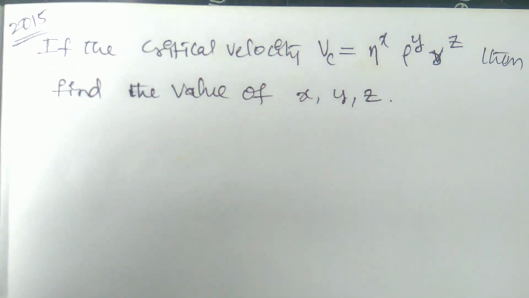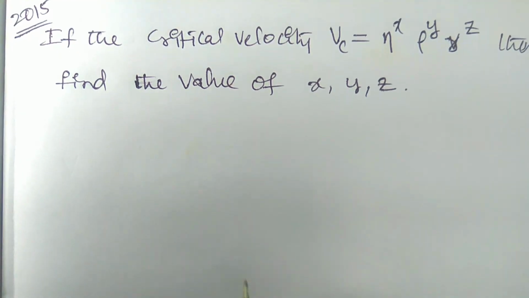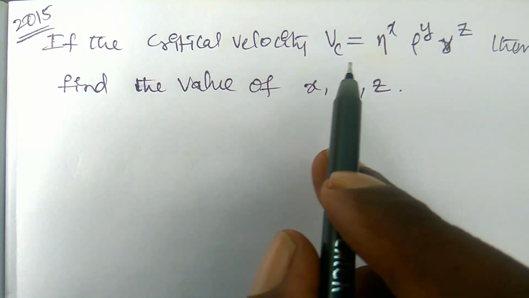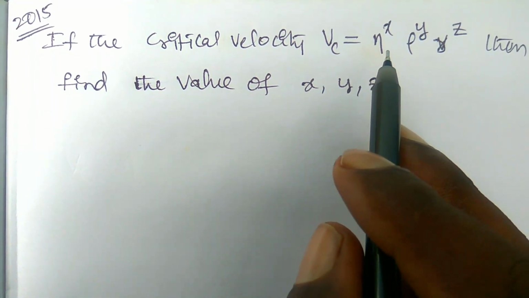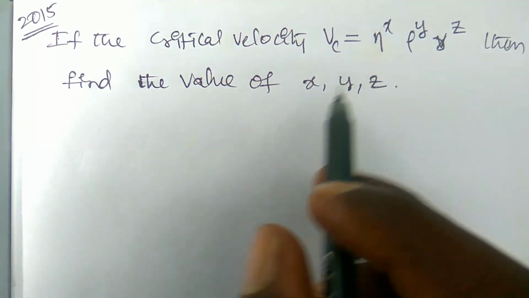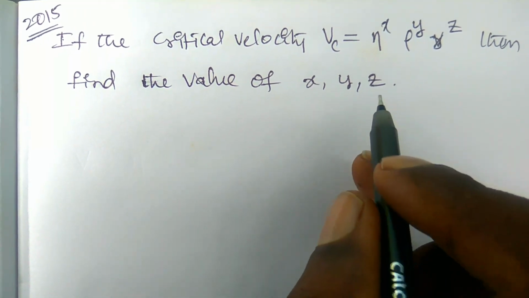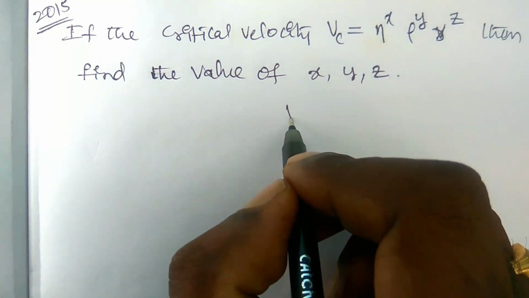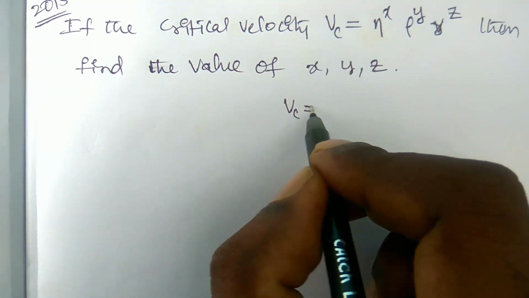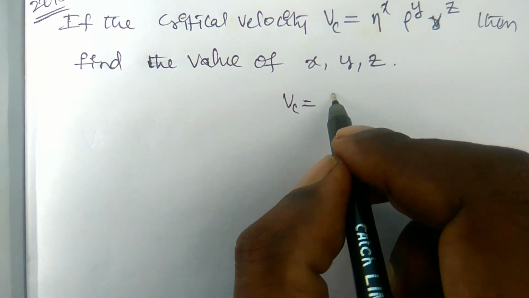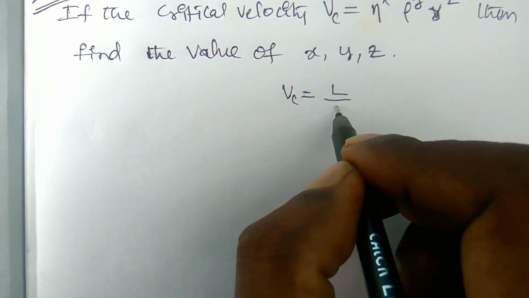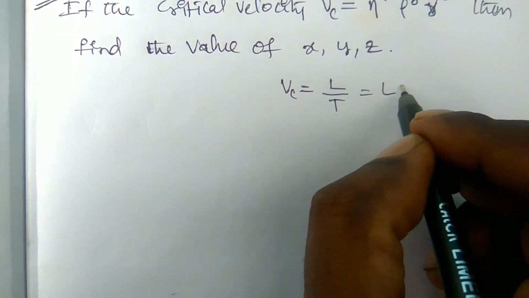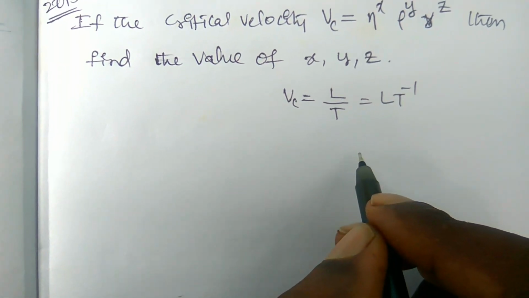This was another question which was asked in 2015. So here the critical velocity Vc is equal to eta power x, rho power y, r power z. Then find the value of x, y, z. So here Vc is the critical velocity. Velocity is equal to distance by time, it is L by T, it is equal to L T power minus 1.